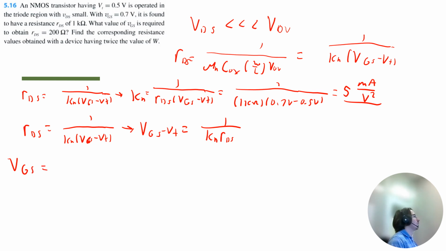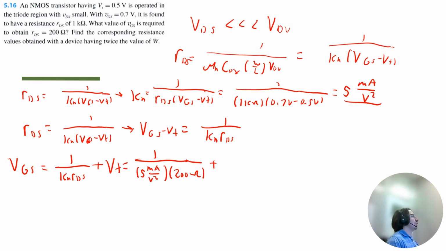So VGS is equal to 1 divided by Kn RDS, plus VT, which is equal to 1 divided by 5 milliamps per volt squared times RDS, which is now 200 ohms, plus the threshold voltage, which doesn't change, it's just 0.5 volts, and I get 1.5 volts. So that's our answer to the first question.